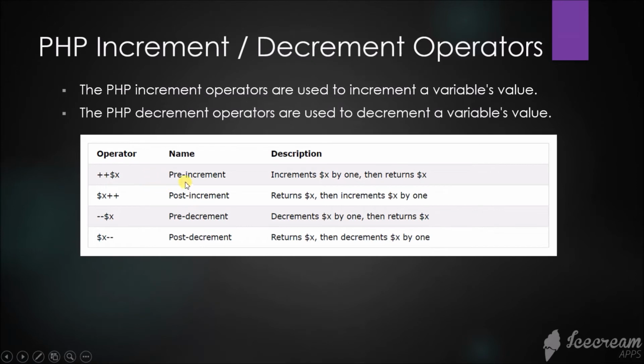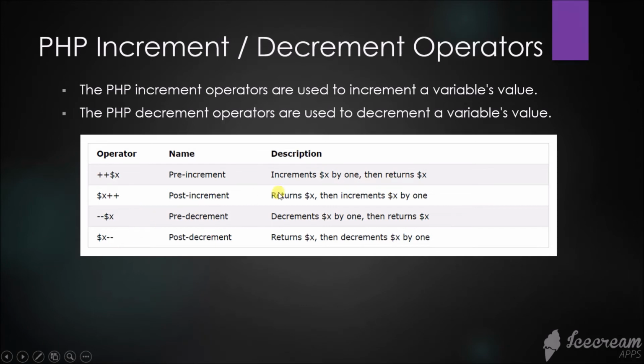For the pre-increment, we have the plus before the variable. Then for the post-increment, we have the plus after the variable. For the pre-decrement, we have the minus before the variable. Then for the post-decrement, we have the minus after the variable.